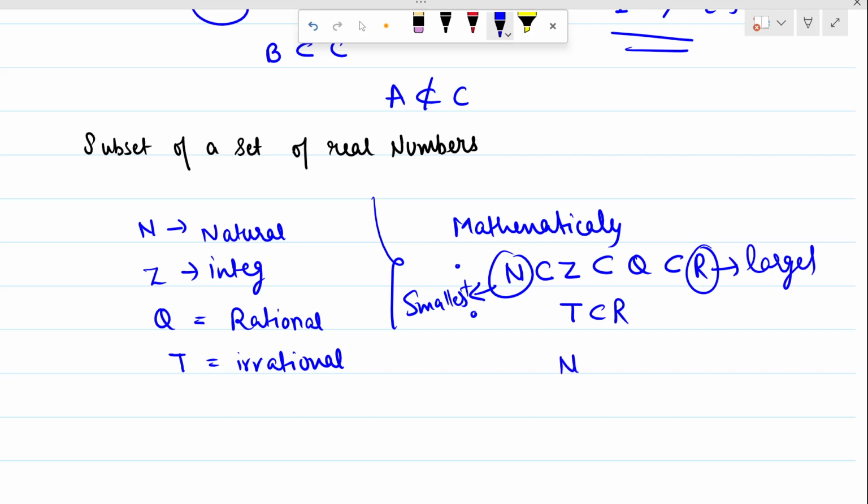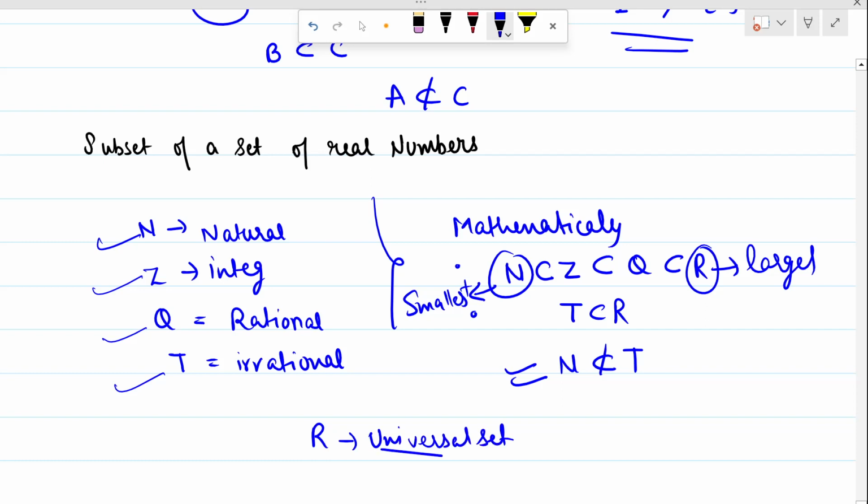And natural numbers is not a subset of irrational numbers. So this was about subsets of natural numbers, integers, rational numbers, and irrational numbers, which are subsets of real numbers R. So we can call R a universal set.